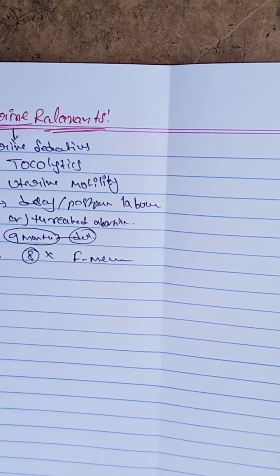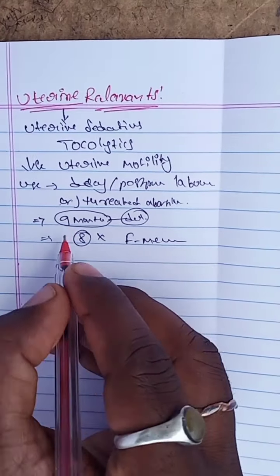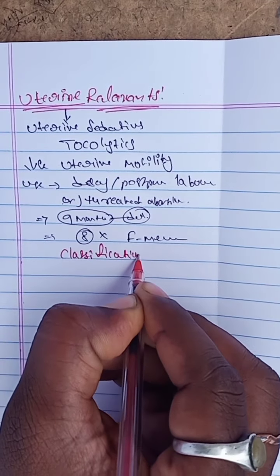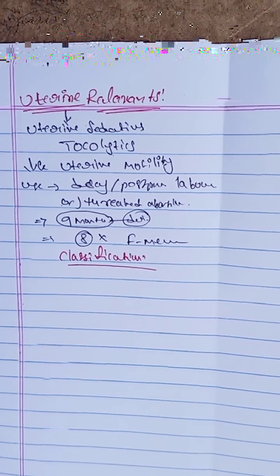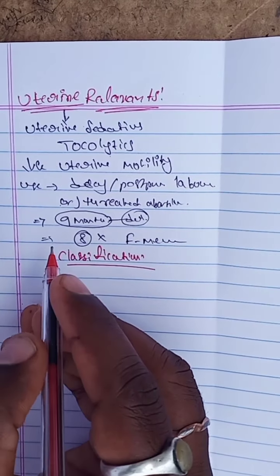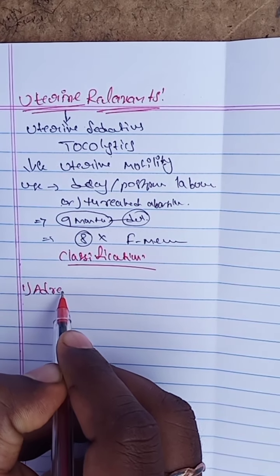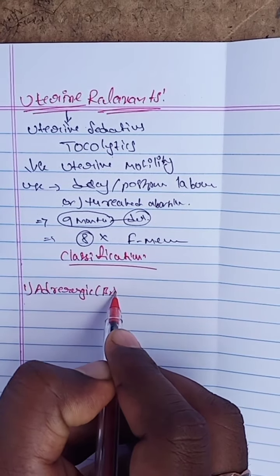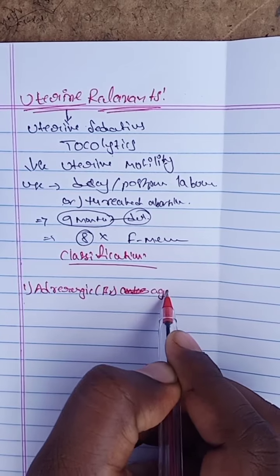So what is the classification of the uterine relaxants, also known as tocolytics? Different types of drugs are used. Number one is the adrenergic beta 2 agonists.